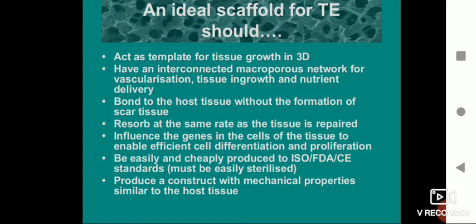And the production of those scaffolds should be easy and cheap. Finally, whatever you are constructing should have mechanical properties similar to those of the host. So these are some of the important properties of an ideal scaffold.